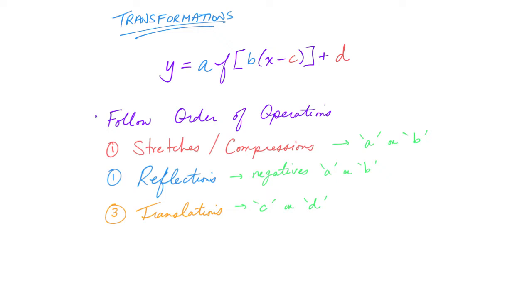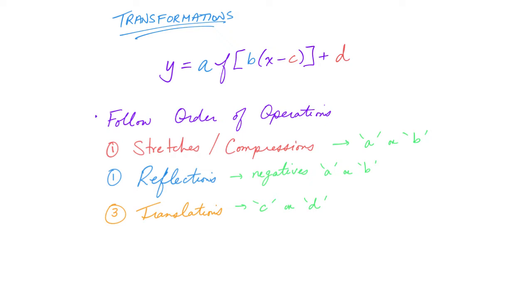You guys all have BEDMAS, our order of operations, that we've been working through. That if we just follow BEDMAS, then we should be good. Now, you might start to think, okay, transformations, how is that BEDMAS? But really what I'm talking about is the operation that attaches that to our function.